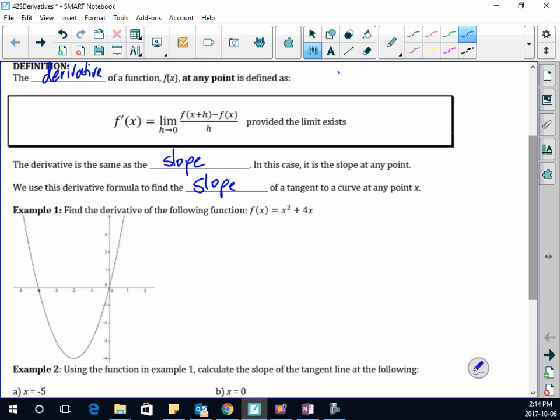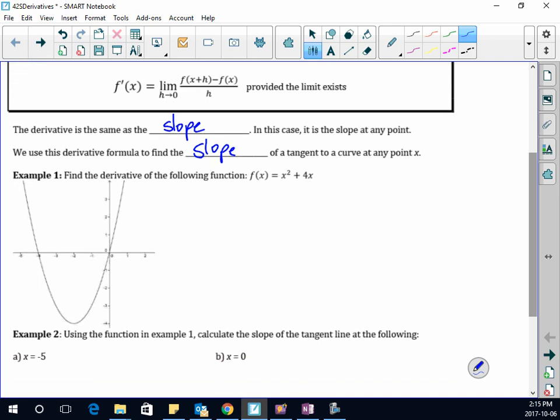So we're going to use this formula right here. What do we have to know to use this formula? We have to know f of x, which is that, and we have to know f of x plus h. Okay, so we know f of x.